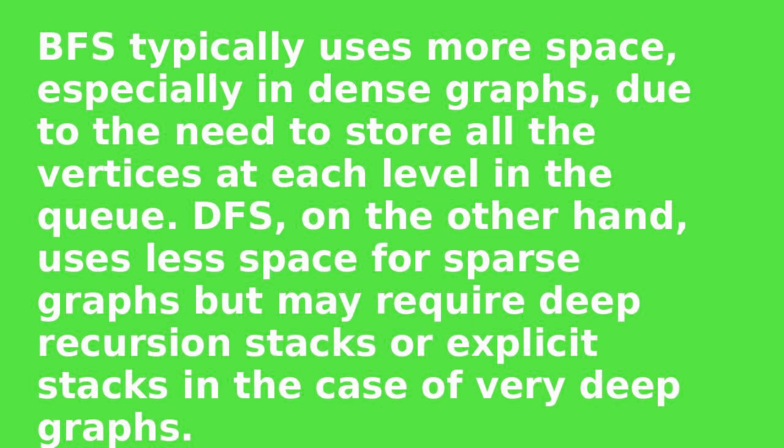BFS typically uses more space, especially in dense graphs, due to the need to store all the vertices at each level in the queue. DFS, on the other hand, uses less space for sparse graphs but may require deep recursion stacks or explicit stacks in the case of very deep graphs.